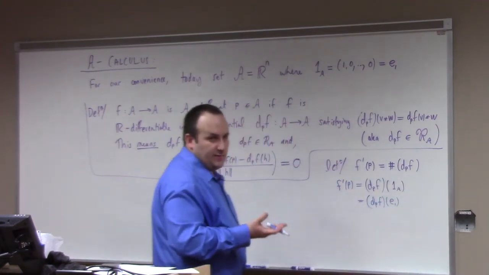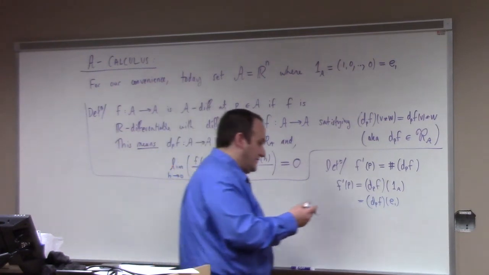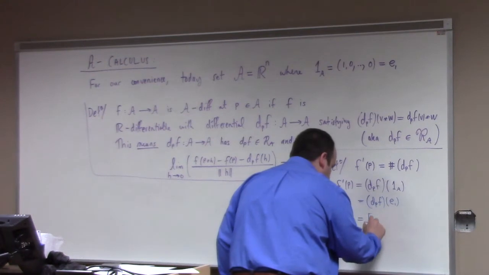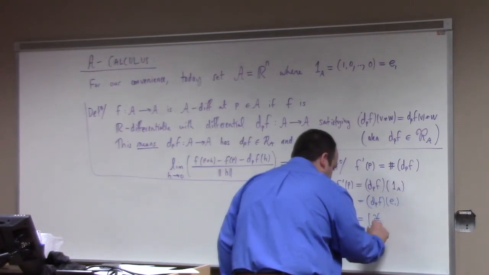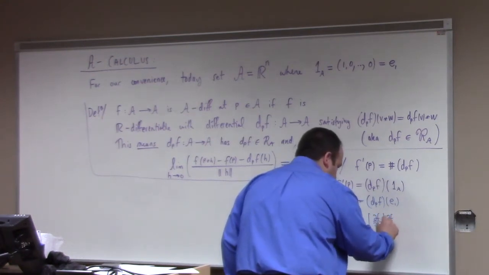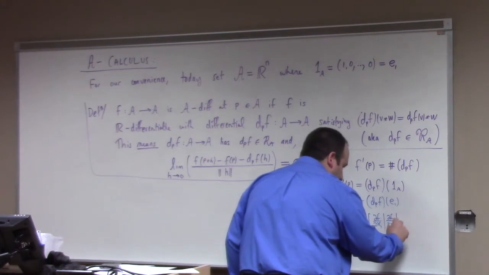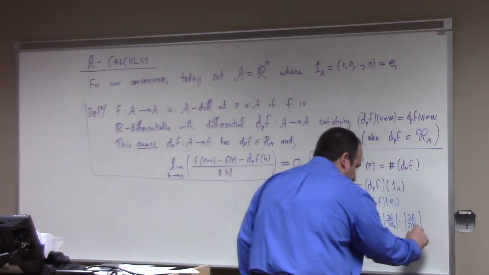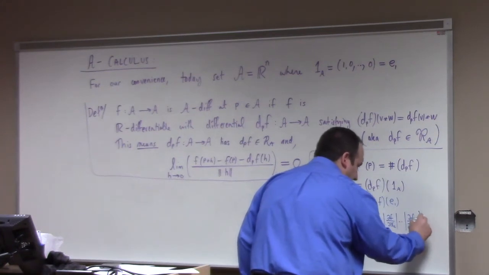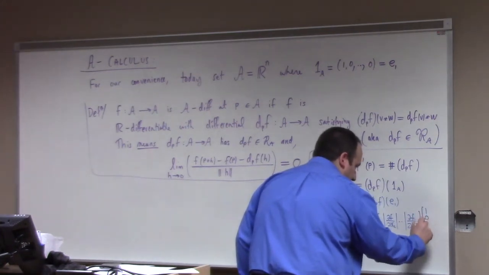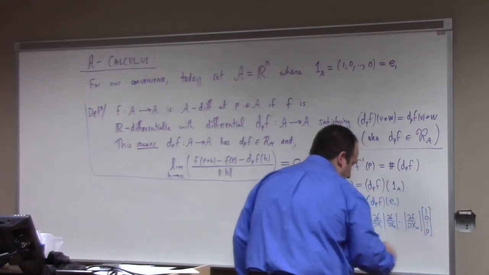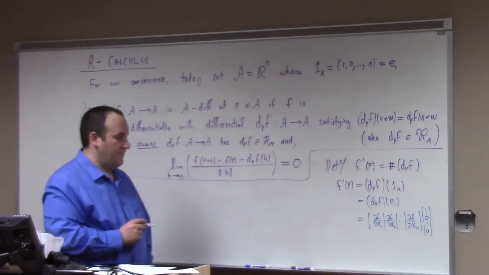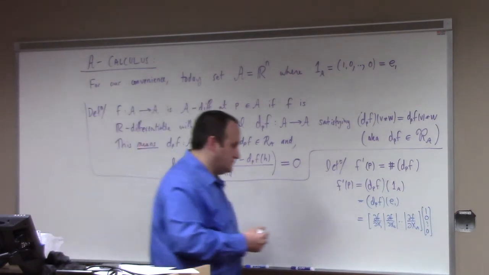Since we're working from Rn to Rn, you could also write that as the Jacobian matrix: partial f, partial x1, partial f, partial x2, and so forth, partial f, partial xn, the usual Jacobian matrix times E1, of course at the point P. So what is that?